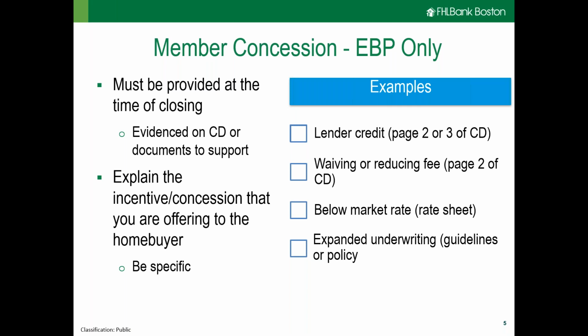So if it's a lender credit, we'll typically see that on your closing disclosure, whether it's page 2 or 3 of that CD. We don't have any requirements of how it has to be broken out or where, so we give you that flexibility. But when you're in the online system, you're just going to want to make sure you're super clear and saying, for example, if you're giving a $500 lender credit, it's in section J of page 2 of the CD, so that way it makes our review a lot simpler.